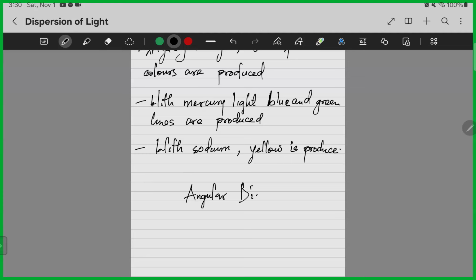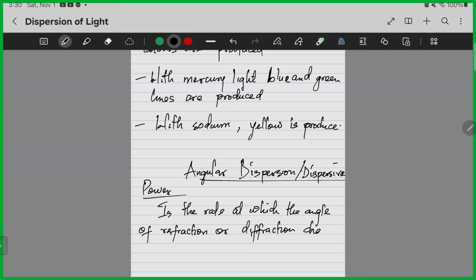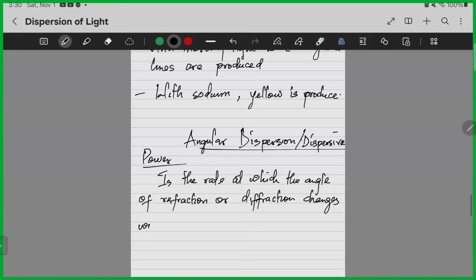Angular dispersion, or we can say dispersive power, is the rate at which the angle of refraction or diffraction changes with the wavelength.